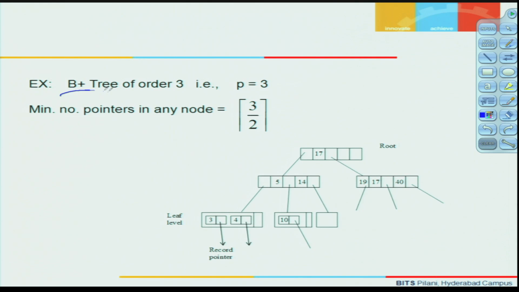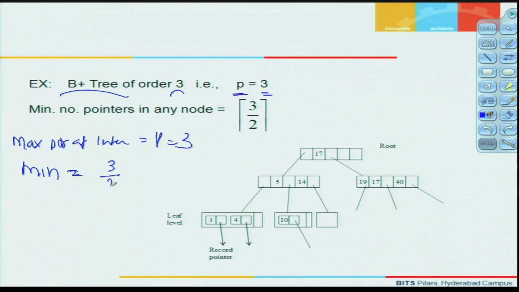This is a B plus tree of order 3, and I say that P equals 3. Then the maximum number of pointers at an internal node is equal to P, that is 3. What is the minimum number? This is nothing but the ceiling of 3 by 2, which is 2.